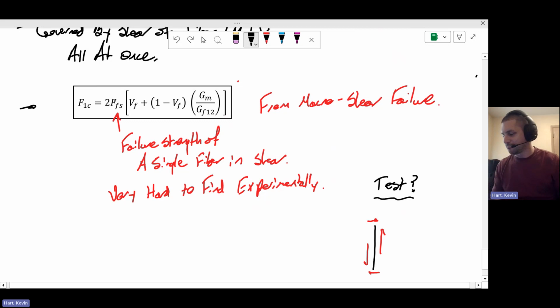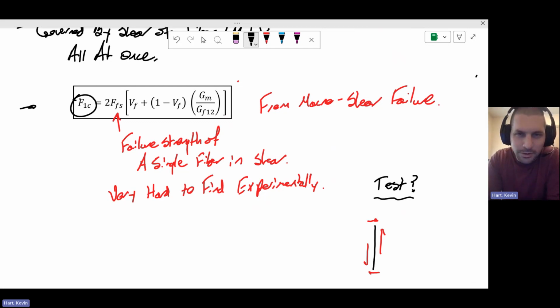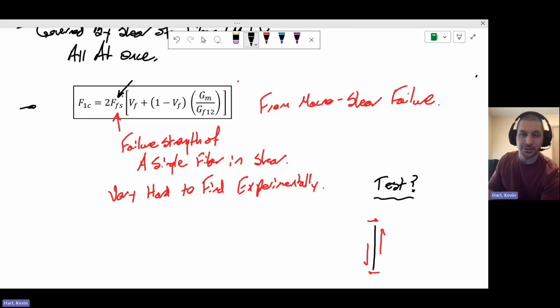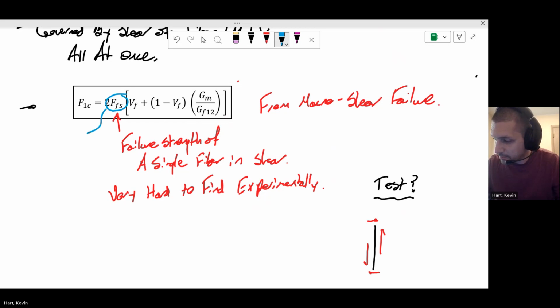But we see that this failure strength in the one direction in compression is very heavily dominated by the failure strength of the fiber in shear, and it's quite difficult to actually do an experiment to calculate what that failure strength of a single fiber might be in shear, but it is what it is. This is the theory, and it requires knowledge of the shear strength of a single fiber, which is actually pretty hard to know and understand. So often you don't have this value.